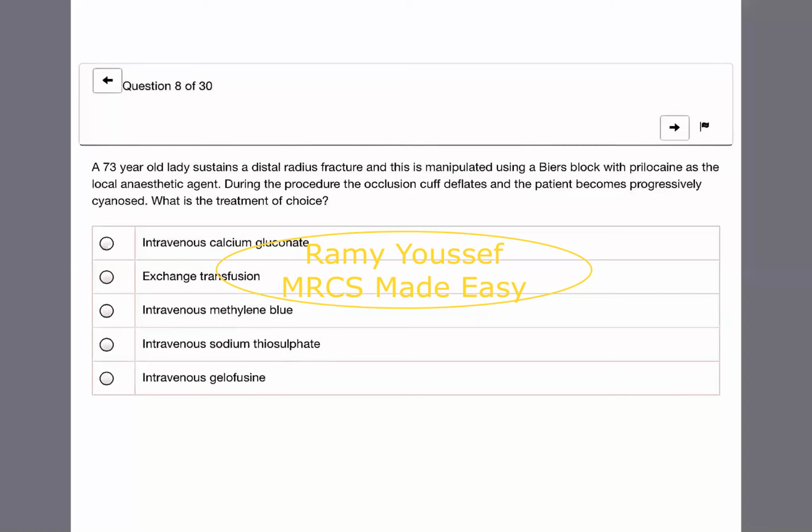Intravenous calcium gluconate, exchange transfusion, intravenous methylene blue, intravenous sodium thiosulfate, intravenous Gelofusine. We have here prilocaine toxicity, and the patient became cyanosed.